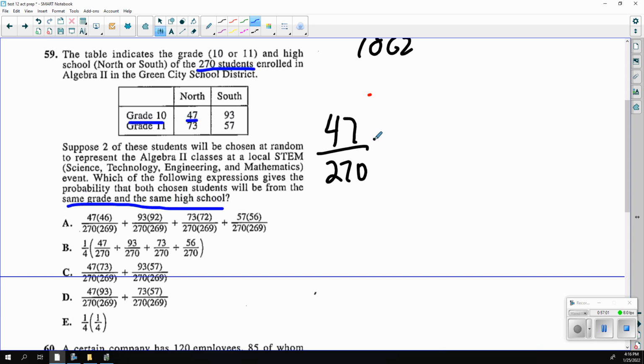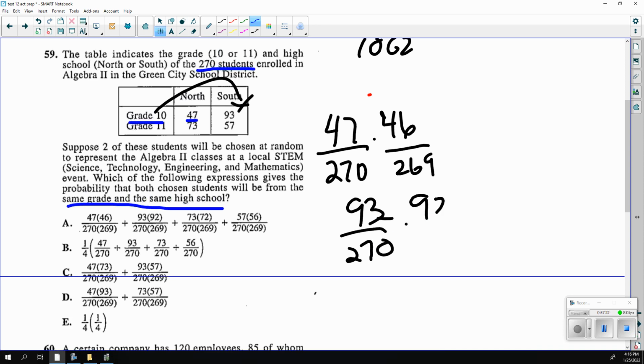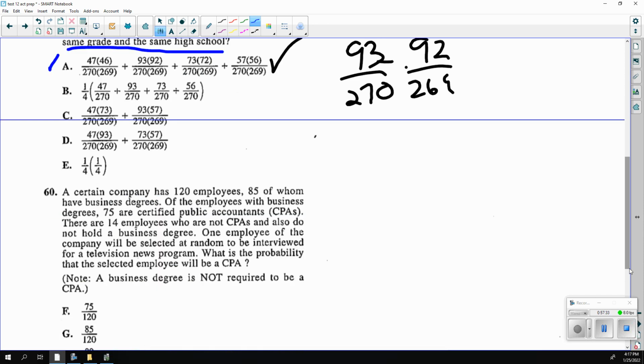Once I pick that one, the next one would be 46 out of 269, because there would be 1 fewer North student and 1 fewer grade 10. So that's the first one. What's the chance of being grade 10 South? 93 out of 270 times 92 out of 269, and so forth for all the lists. It's actually a kind of simple answer, but it's not at all a simple concept.